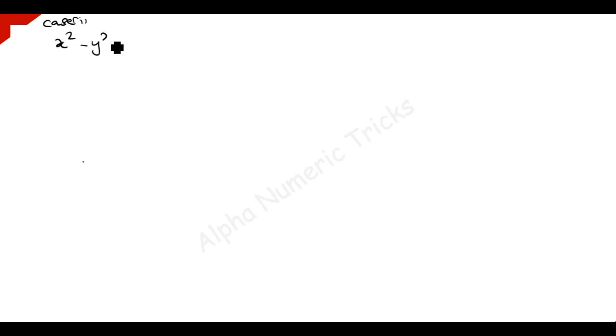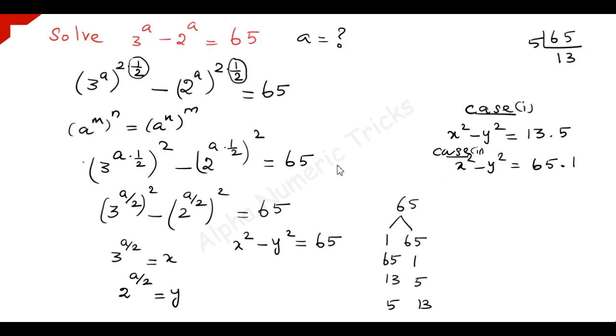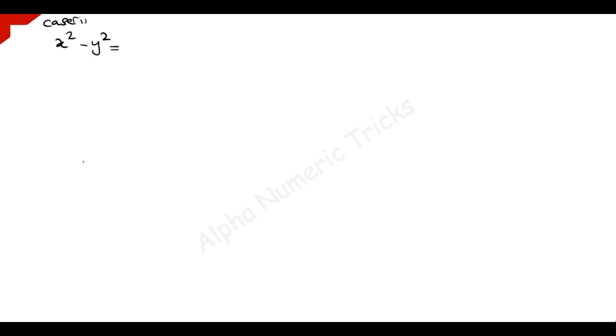x squared minus y squared is equal to 5 times 13 or 13 times 5. Anyway, you can write it. Here x squared minus y squared can be written as x plus y into x minus y, isn't it? This is the formula: a squared minus b squared can be written as a plus b into a minus b.